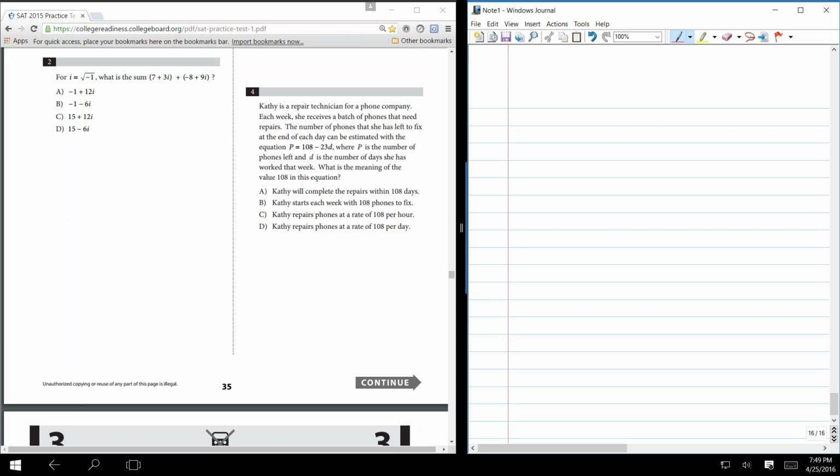I think I actually remember this from one of the practice tests that I looked at. There's one very similar to this. Well, maybe. I got this test from online. I have plenty of SAT practice tests, but I don't have the new one. So I went online to get the new SAT test, which this is.